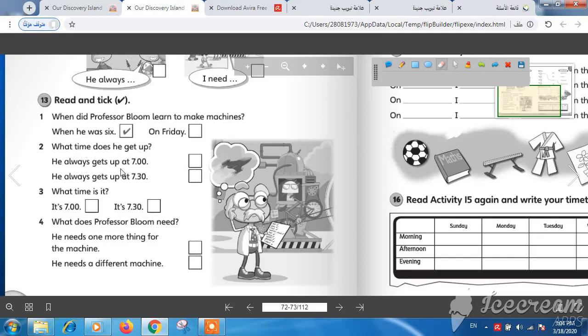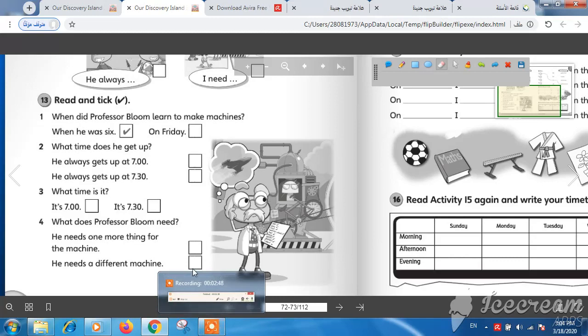He always gets up at 7 or 7:30. You'd better focus because these 2 times were mentioned in the story. Who can answer correctly? Yeah, very good. Great job. He always gets up at 7, right?